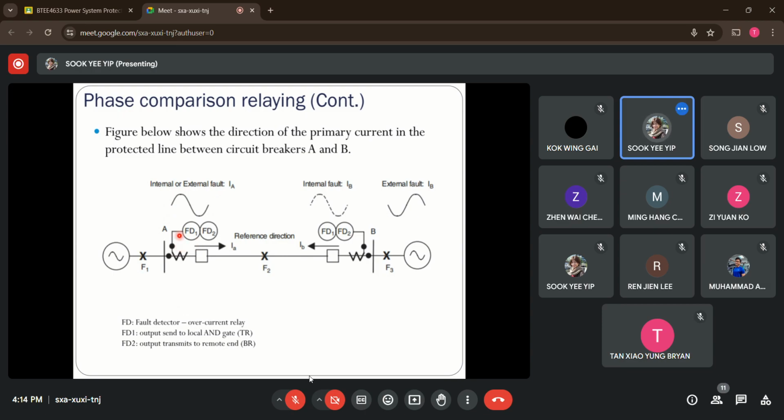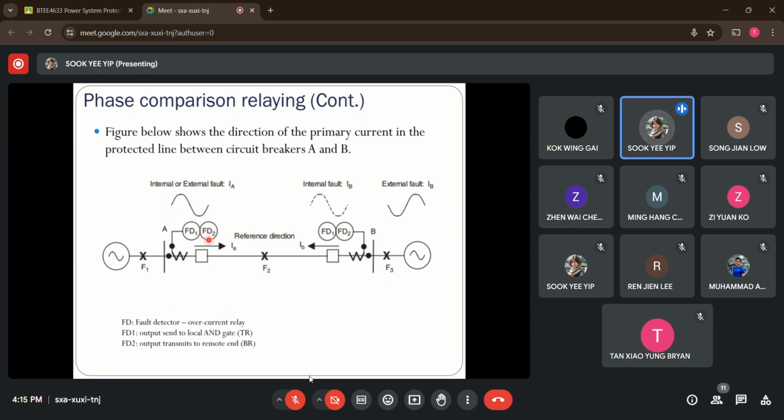Then it will fit into these two-level fault detectors. FD here is fault detector. This fault detector basically is the relay we are using, so it could be the overcurrent relay. You can treat fault detector 1 here like the tripping relay we have just learned, which is responsible for sending the output through the local AND gate.